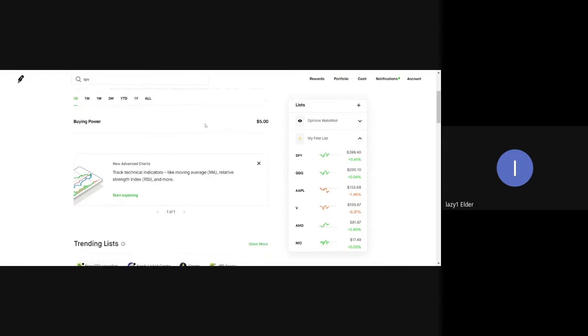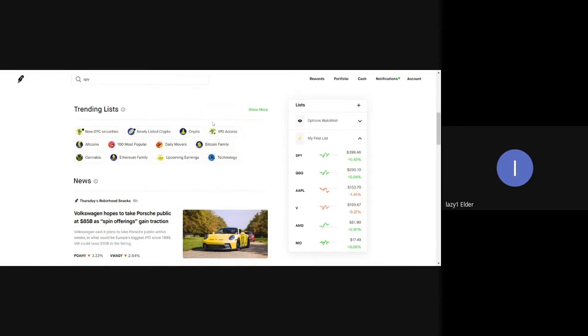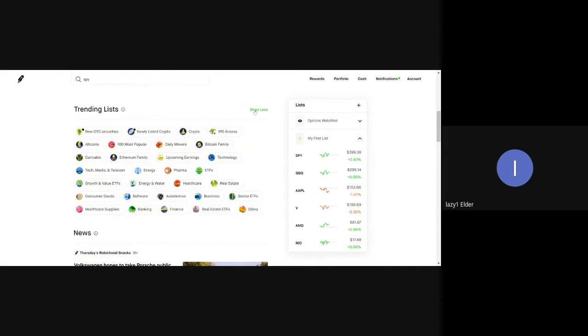And as you scroll down, trending list. All this is, it gives categories for the stocks. You want to look at cryptos, you'll click on this. The 100 most popular companies right now, daily movers, technology, cannabis. If you want to go into more, hit show more.